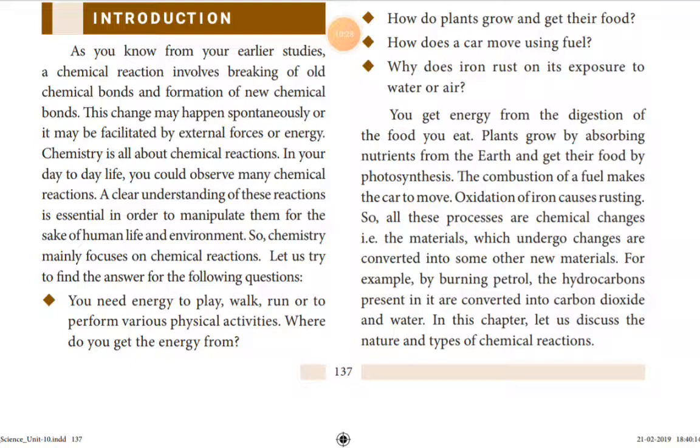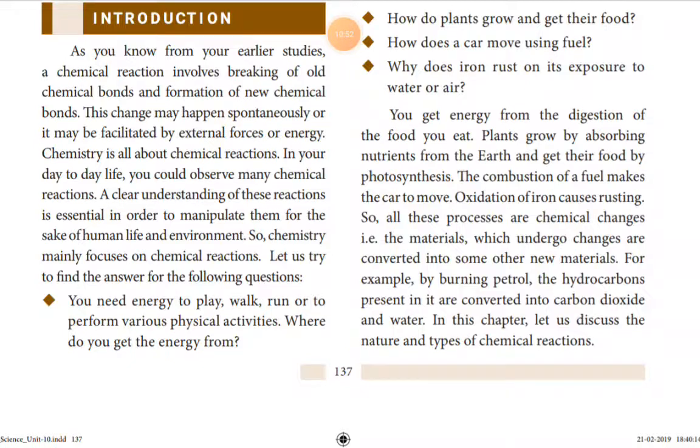So in this chapter, we are going to discuss the nature and types of chemical reactions. My dear students, you have to understand: chemistry means chemical reactions. So what is taking place in a chemical reaction? Old bonds are broken, new bonds are formed.